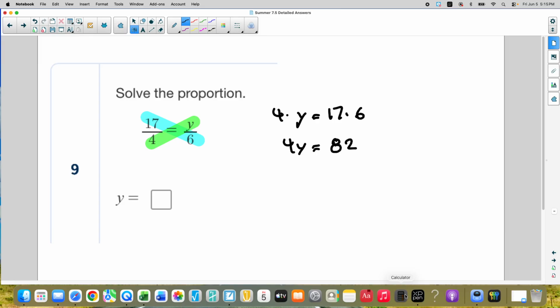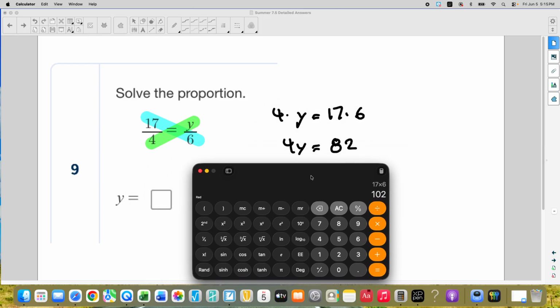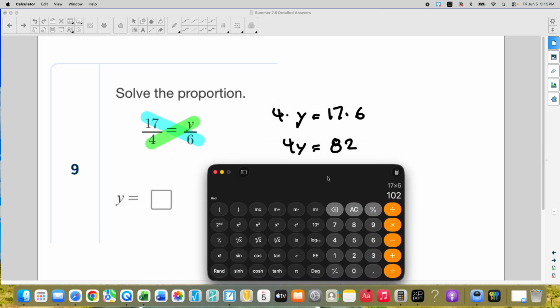Let's check. So notice that we do the math first, and then we check our work. So 17 times 6 equals 102. Did I not come up with 102? 17 times 6 is not 82.